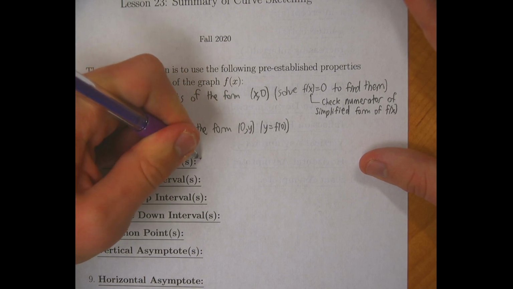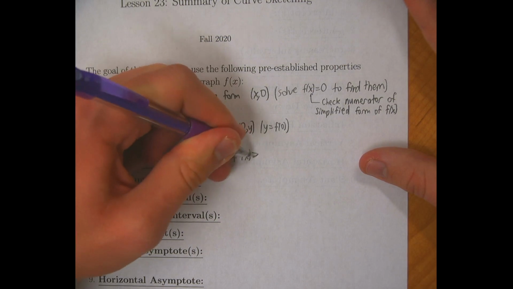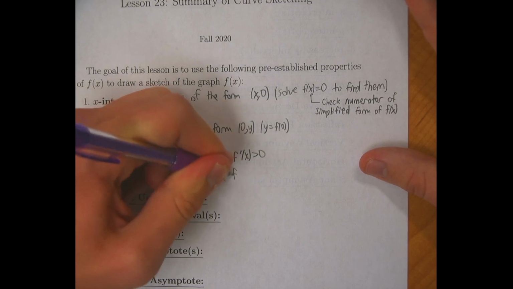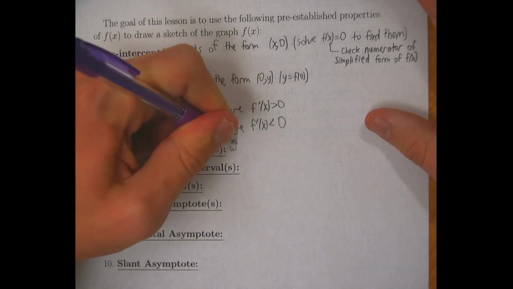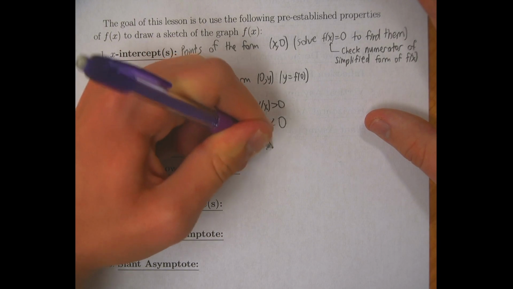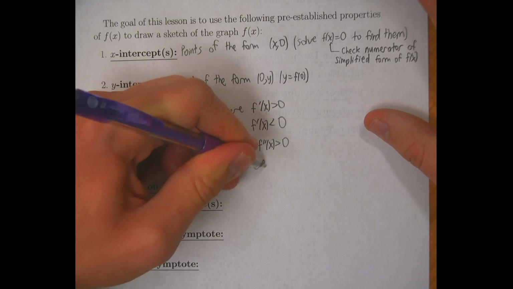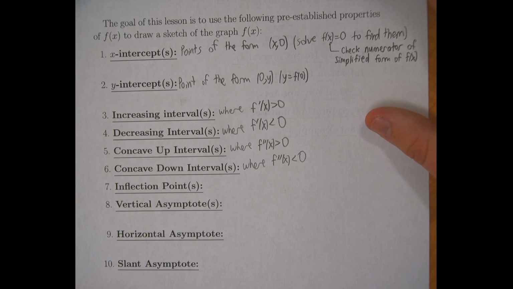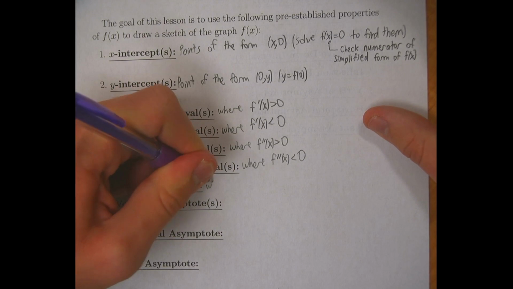For increasing we have f prime of x has to be greater than 0, and decreasing, similarly, is where f prime of x is less than 0. And regarding concavity, concave up is where f double prime of x is positive, concave down is where f double prime of x is negative. And inflection points are where concavity changes.